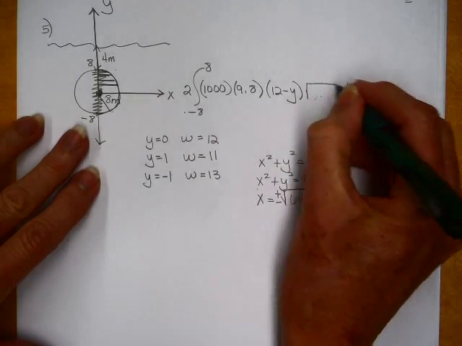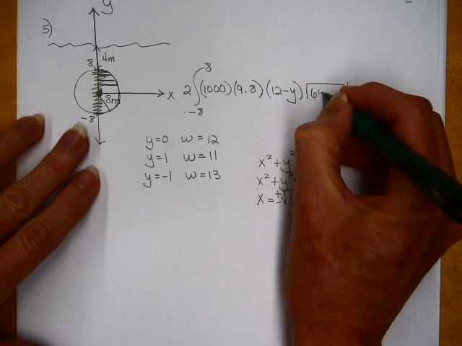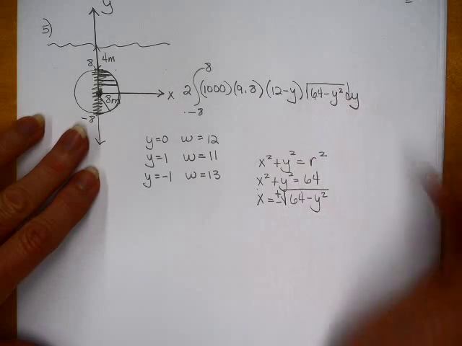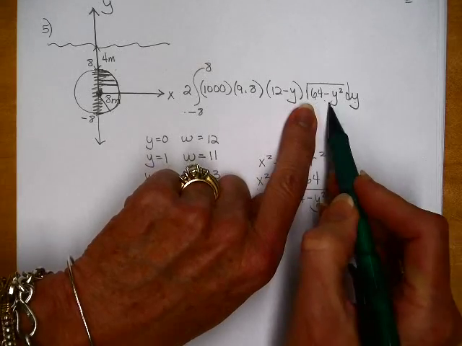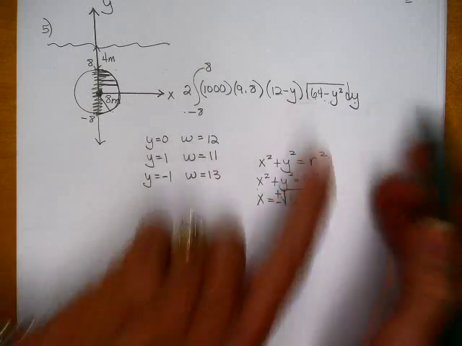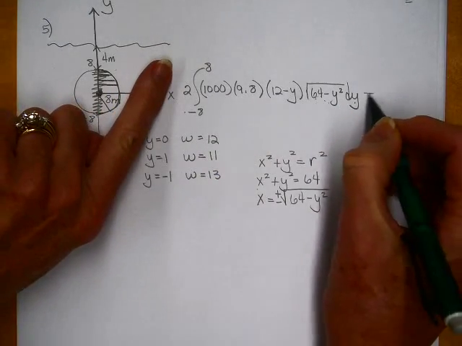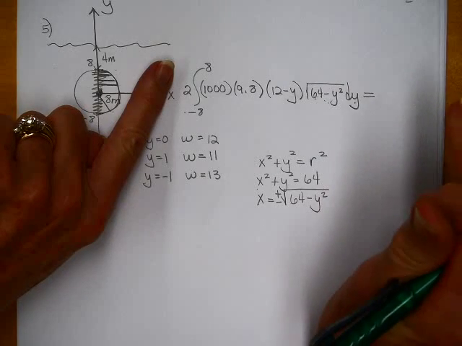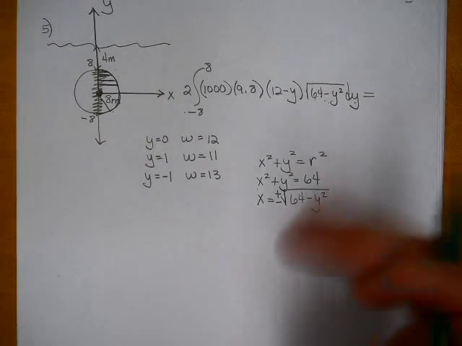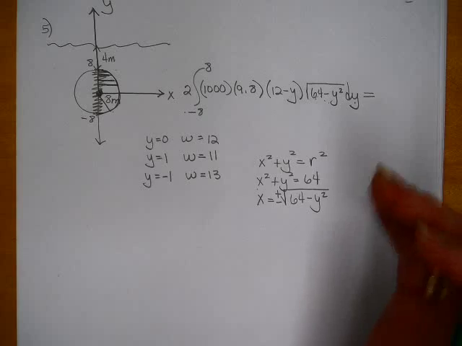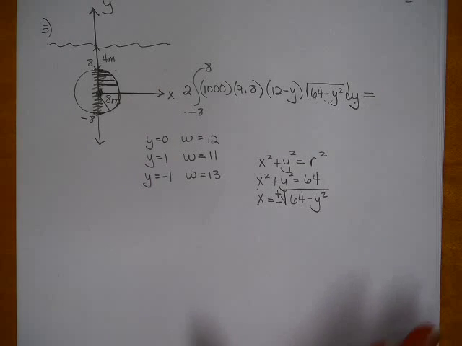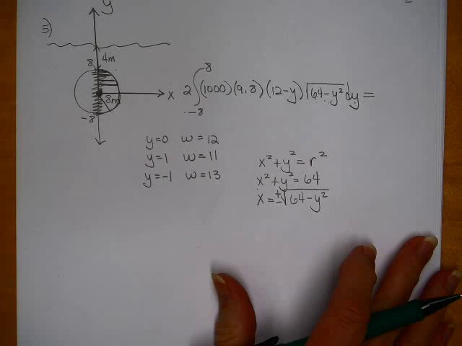Then length times width, that times that, gets me my area. And if I put this in my calculator, this will give me the hydrostatic force of the water on that circle. Question?